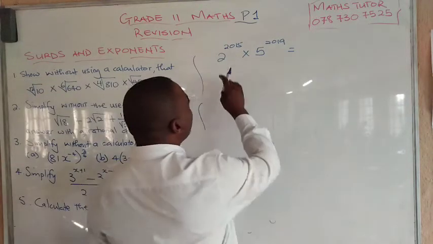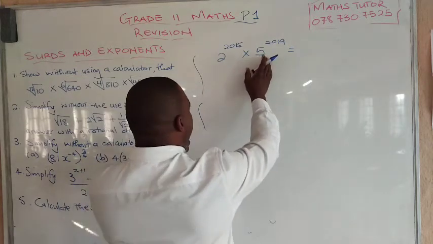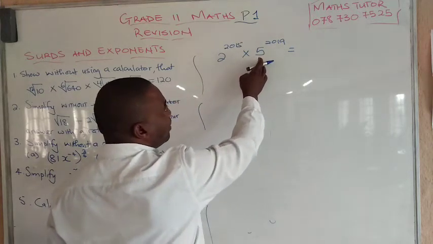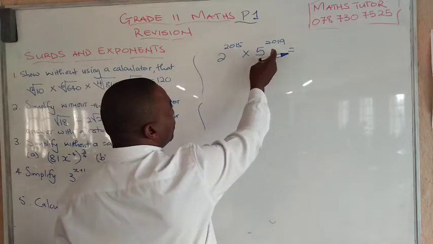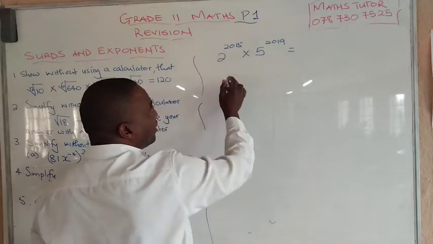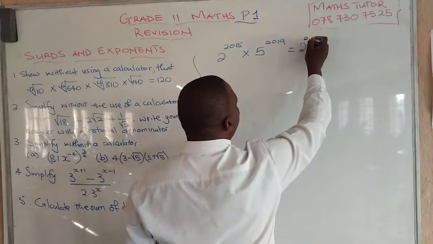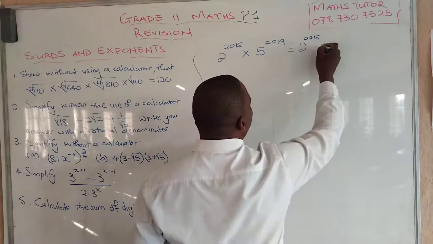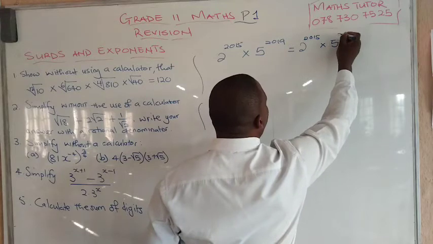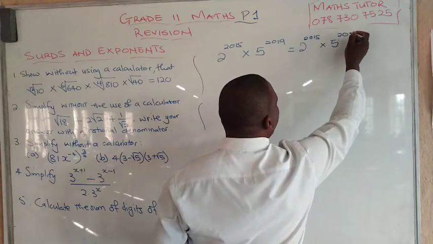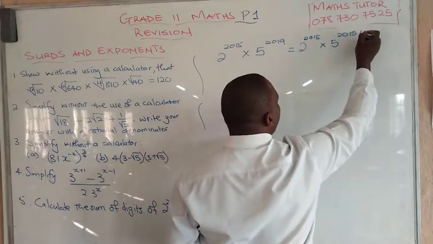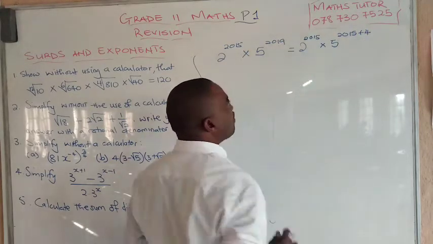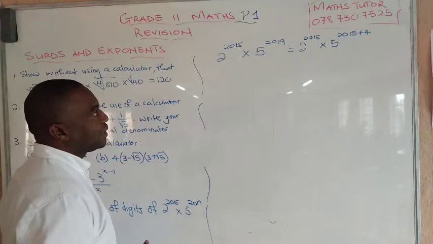So what we do is to write this, because 5 has a bigger power than 2. So we are going to split this. That is 2 to the power 2015 times 5 to the power 2015, remember, plus 4 to give us 2019.